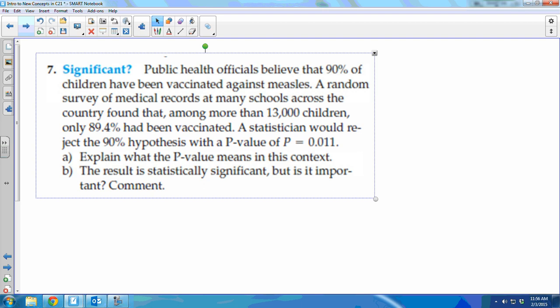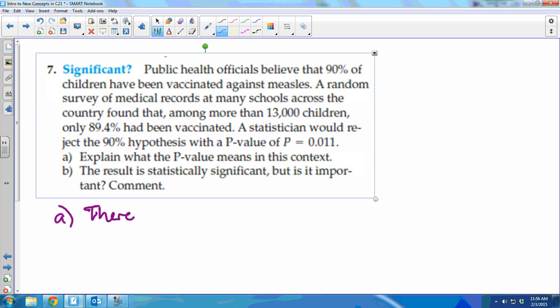A statistician would reject the 90% hypothesis with a p-value of p equals 0.011. So part A says explain what the p-value means in this context. I just gave you a great sentence you could use. If you don't want to use that sentence, use a different sentence. But that's exactly what we've been talking about. Explain it in context. So, the one that I generally use.